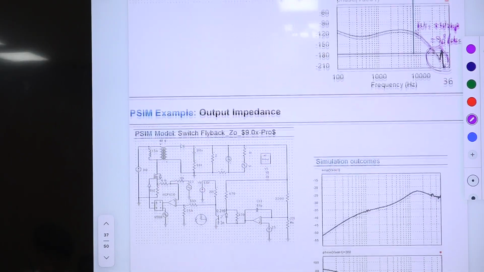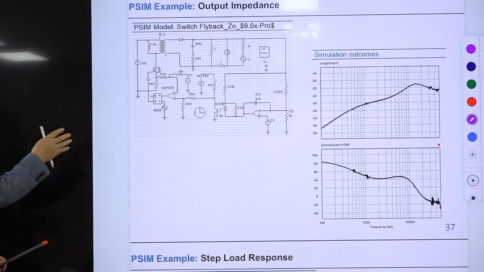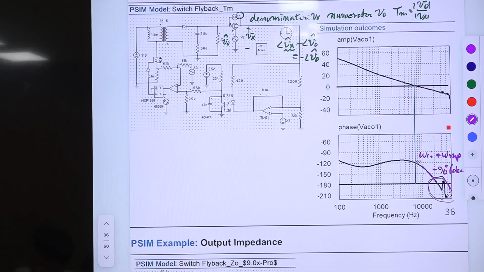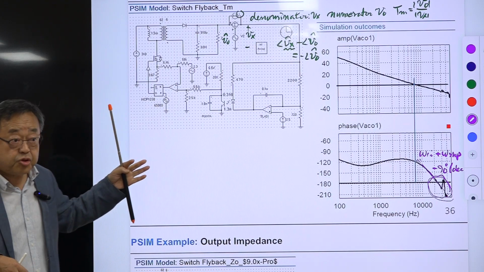Okay, and output impedance measurement. This is not measurement, it is simulation. Of course you can use the small signal model, a linear time invariant circuit model, to evaluate everything. Then you will have a clean curve, but this is better. This is almost the same as the experimental measurement done using a computer.